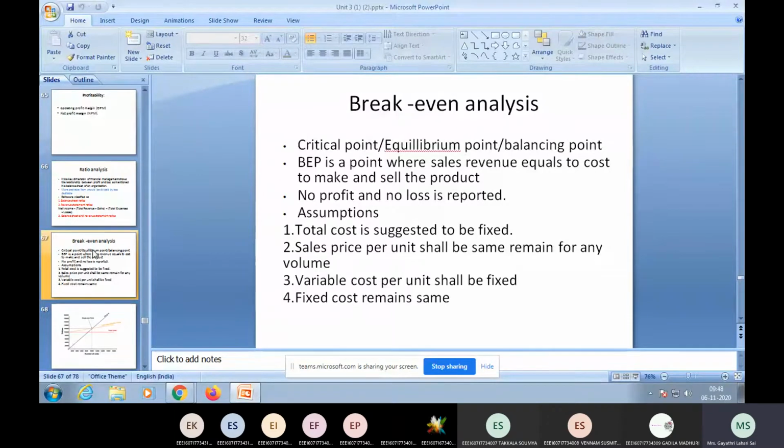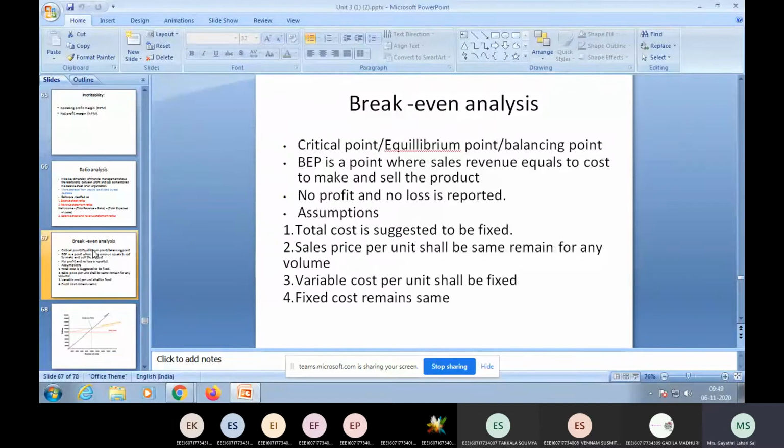You can even call this break even point a critical point, because every entrepreneur will be struggling to reach it.